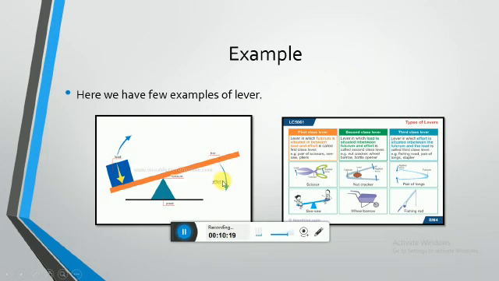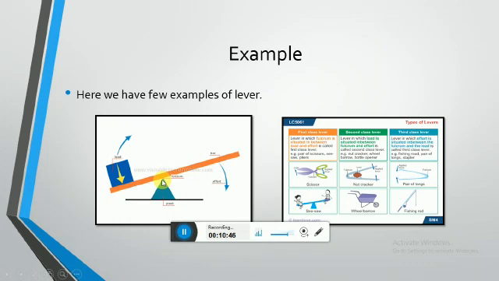So this applied force acts as an effort. The applied force is called effort, and the weight which we can lift, as an output, is called load. The point around which this lever moves or rotates is called pivoted point or fulcrum.